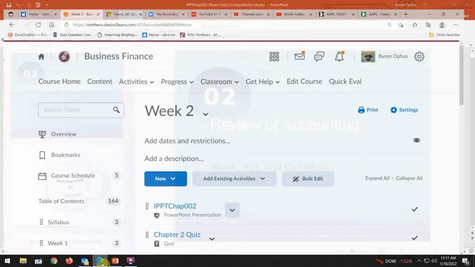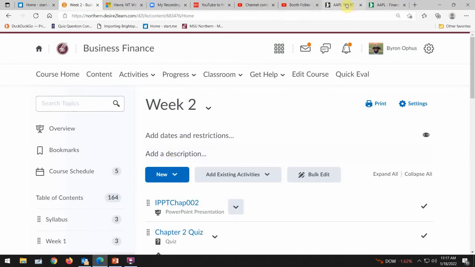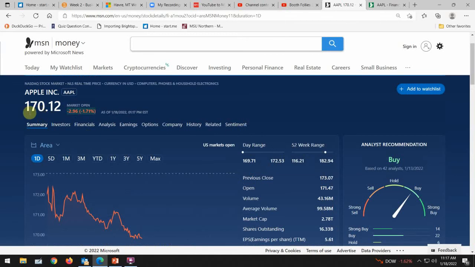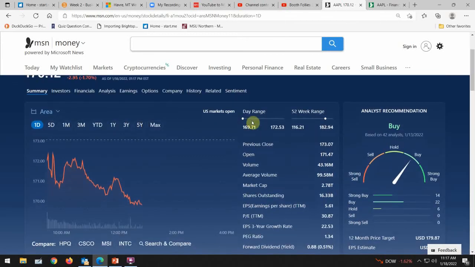Yes. There we go. Now, quickly, I just wanted to take a look at Apple. Apple today, the day's range anyhow, it's $170 roughly. It looks like it's towards the bottom of the range now, $170.12. Doesn't really matter. But here, come down here and we look at its market cap, $2.78 trillion, nearly $3 trillion, right?